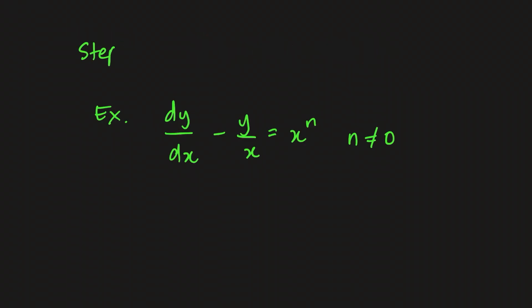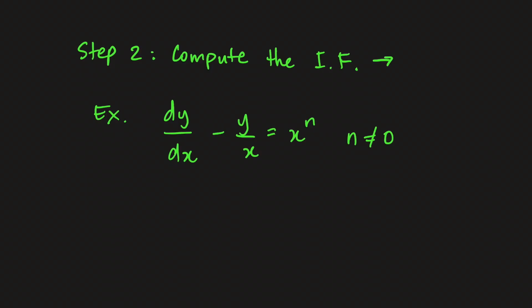Step 2, you will have to compute the integrating factor. The integrating factor can be found by doing e to the power of the integral of p of x dx.